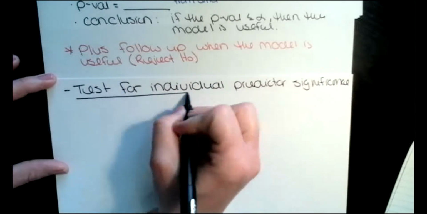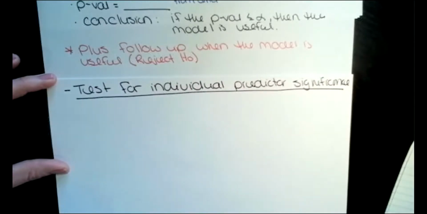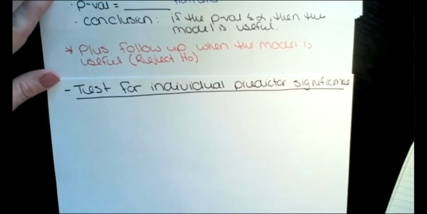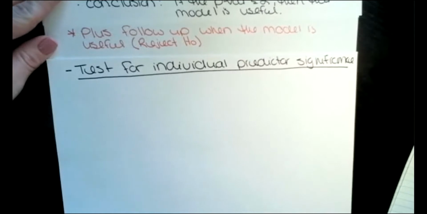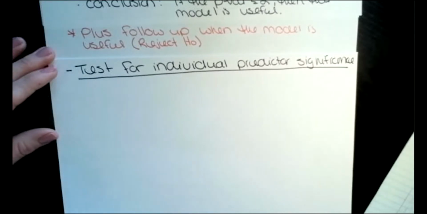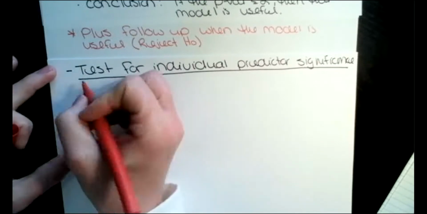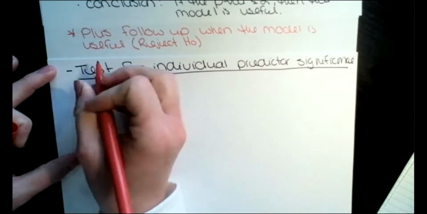I want you to think back to when we were looking at the ANOVAs and we had multiple predictors. If it was significant, then we went back and looked at which ones. It's the same idea behind it. So I just want to write this down as a continuation.